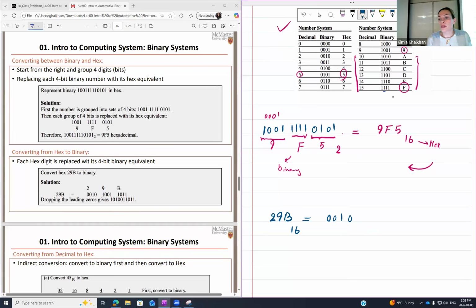What is 9? 9 is this one, 1001. How about B? 1011. And this is going to be base 2. Still with me? Everyone got the point? Okay.